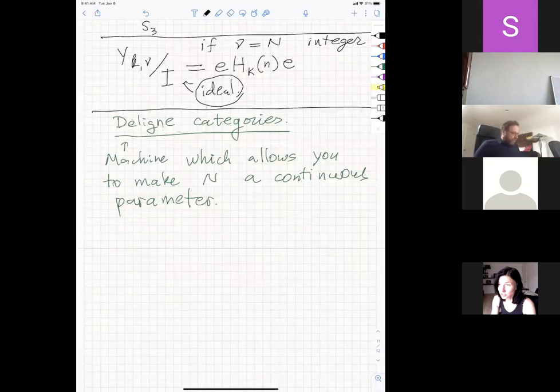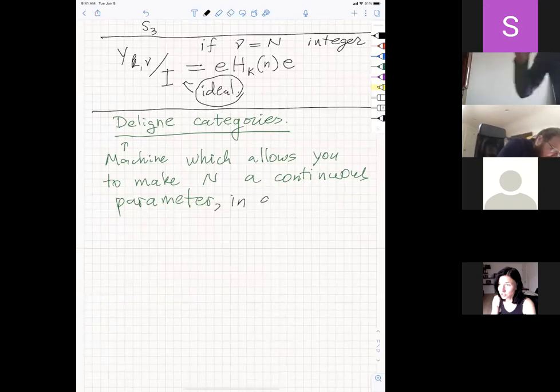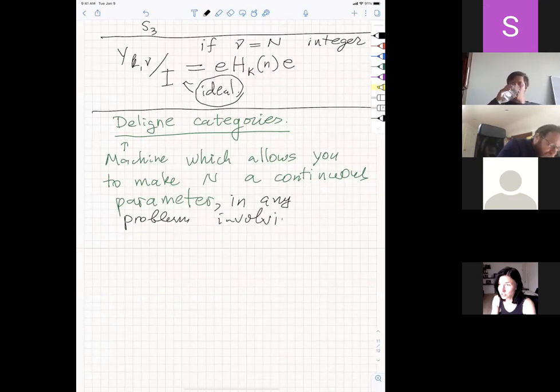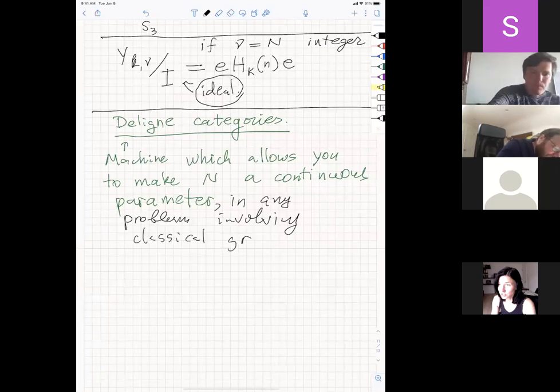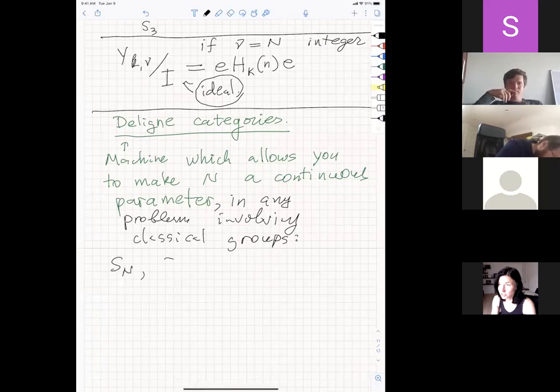In very general kinds of settings, in any problem involving classical groups. And by classical groups, I mean the symmetric group, but also GLN, ON, SPN.